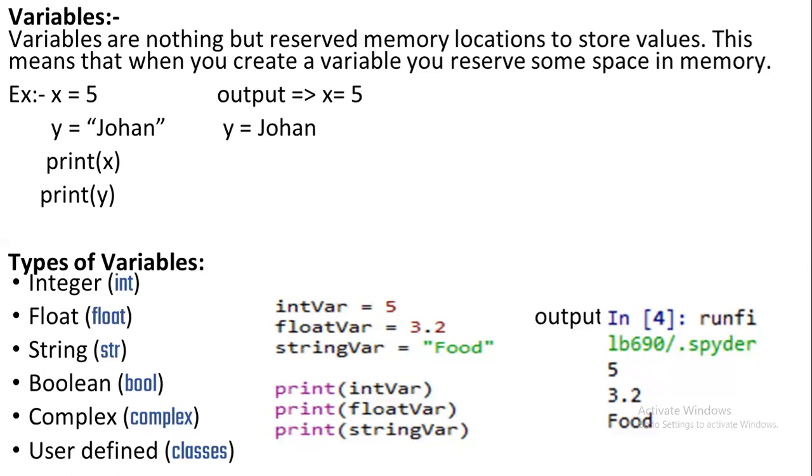If we look at the real world, different types of data are there. We are going to cover this in detail, but as of now we'll go into the basics only. Data types: integer, float, string, boolean, complex. These are the data types, guys.